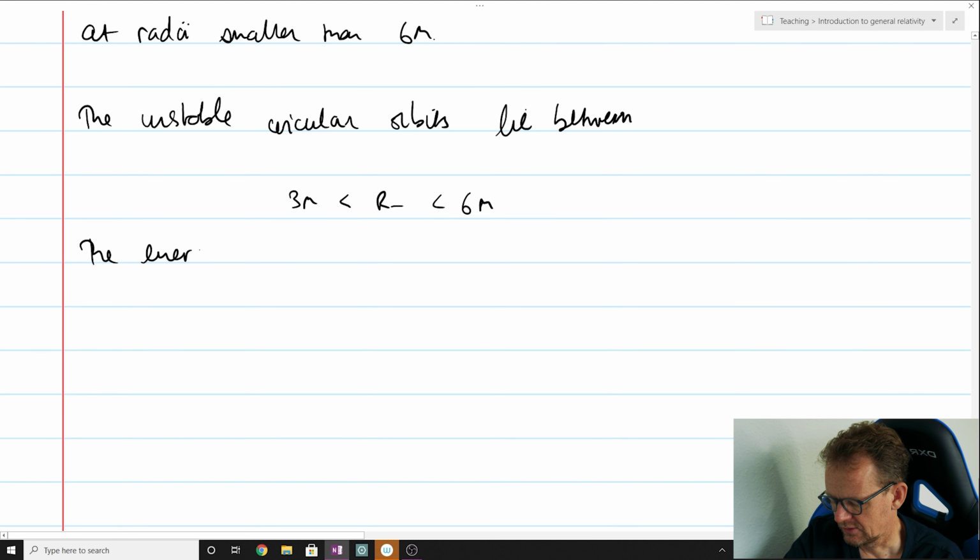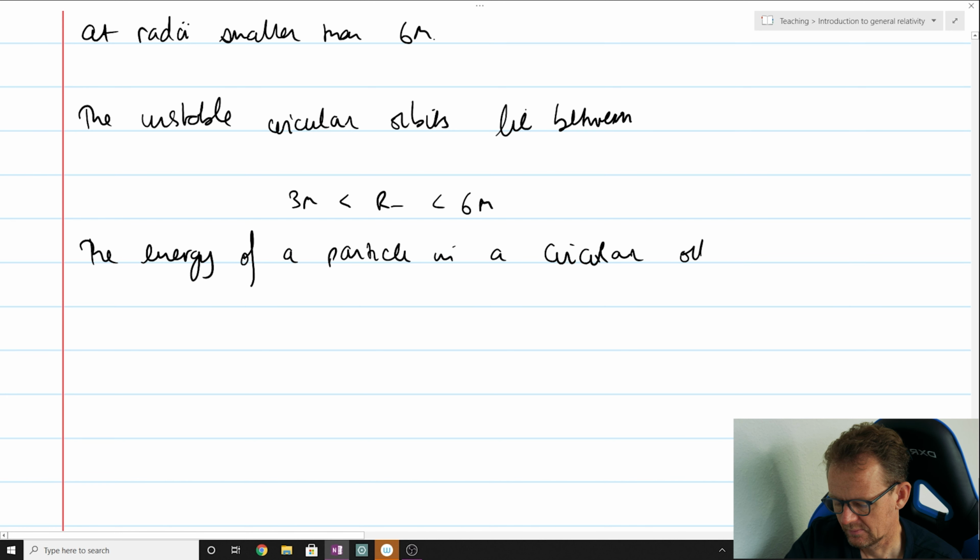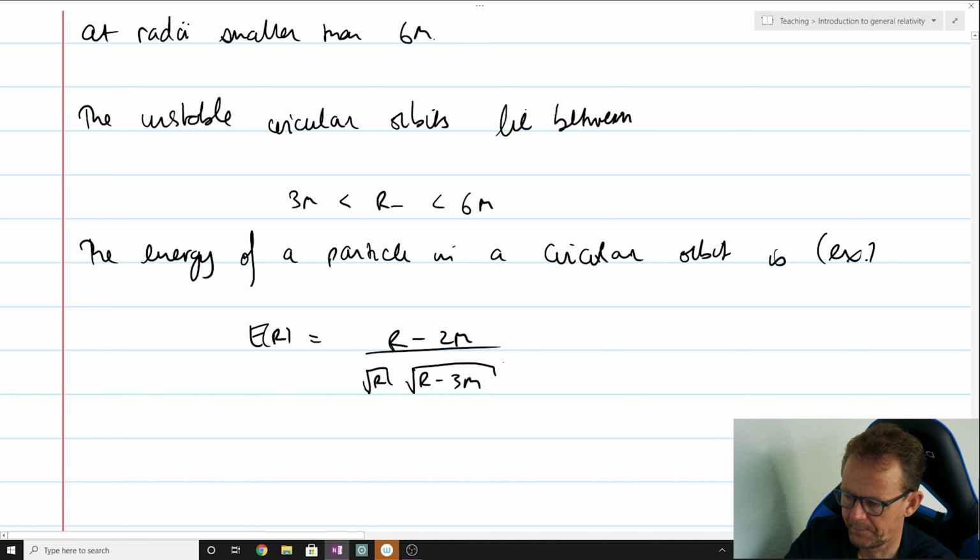The energy constant now, so you can work out the energy of a particle in a circular orbit. Just substitute it into the equation above. It's a little substitution exercise. So what's the energy as a function of the radius of something in a circular orbit? Well, it's r minus 2m over the square root of r, square root of r minus 3m.